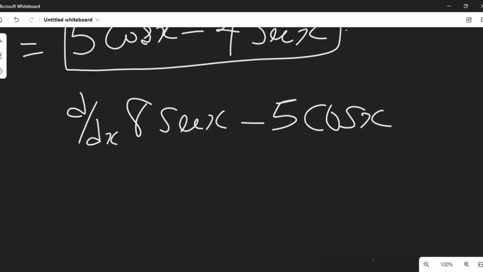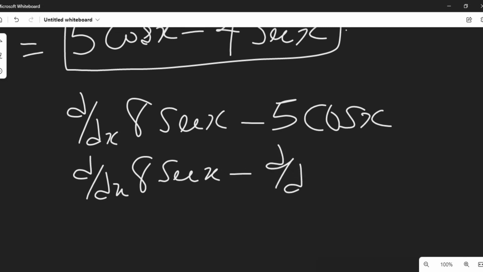So how do we do this? We are going to break this based on the examples we've been seeing above. If we break them, we're going to have a derivative of 8 sec x minus the derivative of 5 cos x.